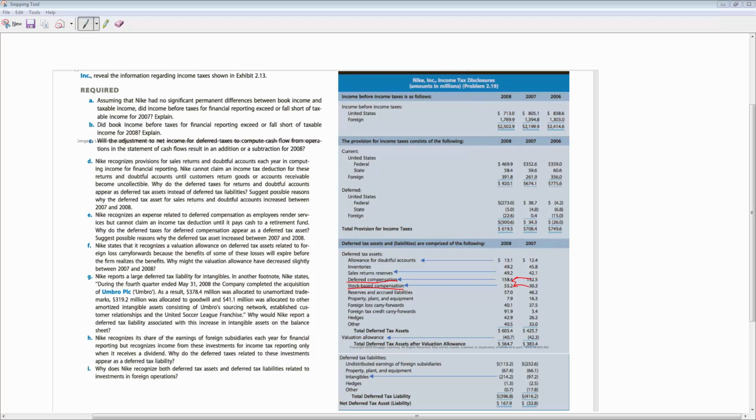So the only thing that can explain the increase in deferred tax assets from these two factors is either Nike increased the compensation benefits for their current employees, or Nike increased the number of recruitment or number of employees. But usually, if Nike does not disclose any information regarding increased compensation benefits for current employees, that means they hire more. Okay, so that's one explanation.